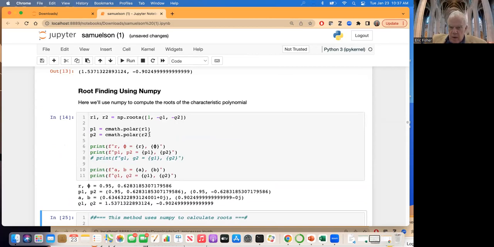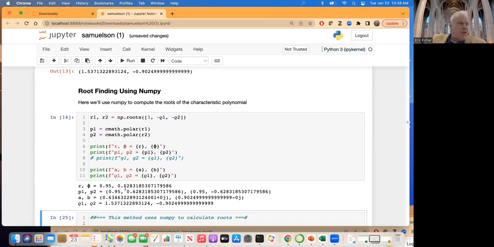All right, what are the roots of the characteristic polynomial where rho 1 and rho 2 are 1.53 and negative 0.9 plugged in here? NumPy will find the roots. And what it's telling you is the r part is 0.95, and then the omega part is 0.62.